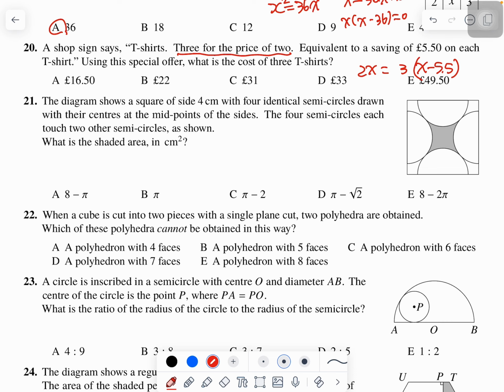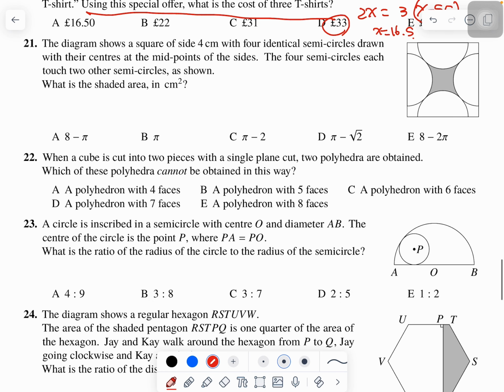So this makes X 16.5. But you know, they didn't ask us the price of 1 t-shirt. It asked us how much money we need to pay. So we need to pay the price of 2. So the answer is 33.